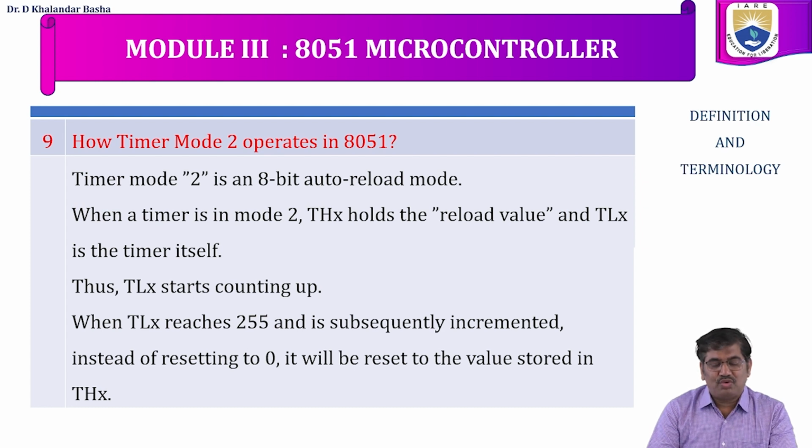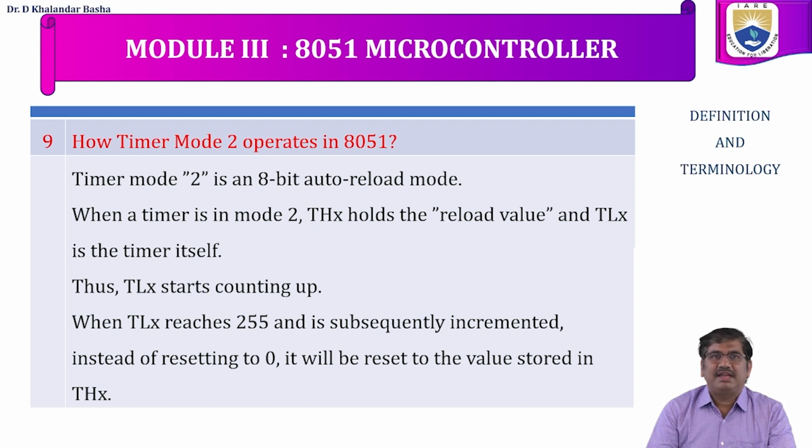How does timer mode 2 operate in 8051 microcontroller? The 8051 microcontroller timers can be configured in 4 modes: mode 0, mode 1, mode 2, mode 3. Mode 2 we call auto reload mode. When a timer is in mode 2, THX, where X is 0 for timer 0 and 1 for timer 1, holds the reload value, while the TLX register is the timer itself.